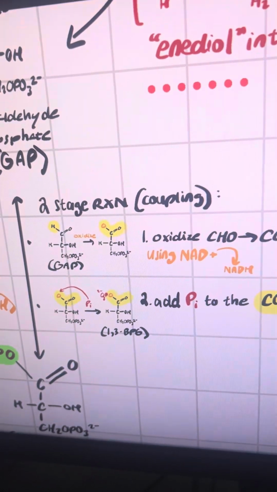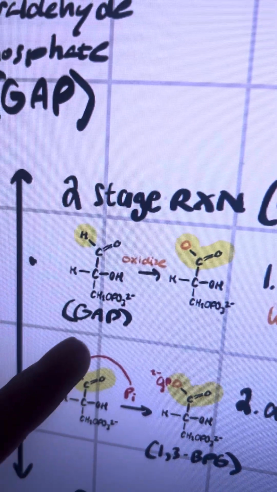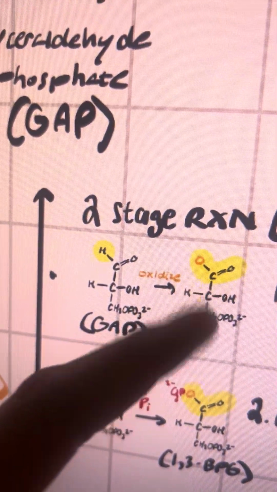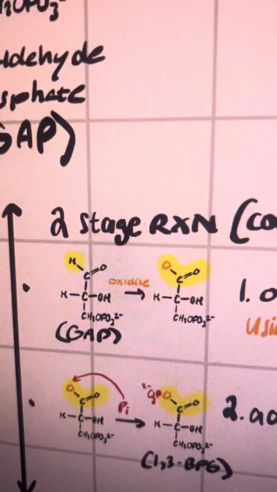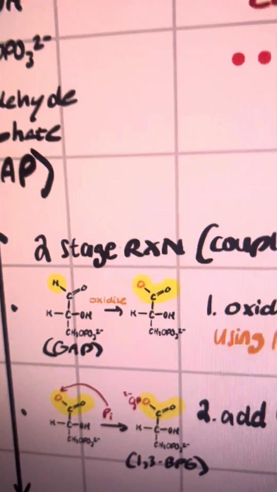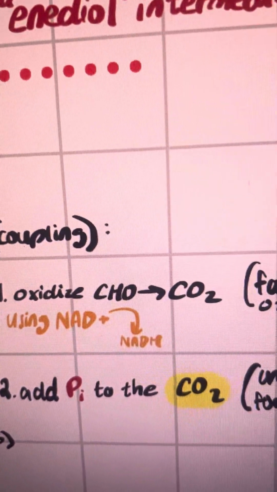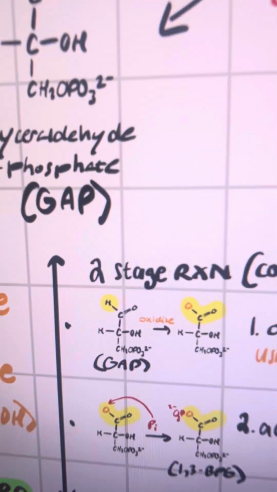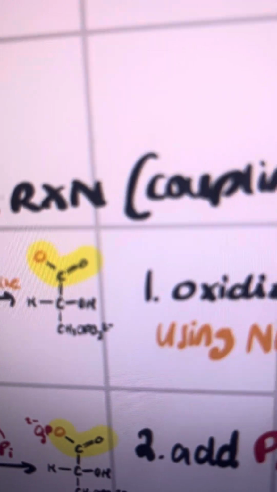So up here, you see a CHO. You're gonna do a coupled reaction. So the first step is you're gonna take the CHO of GAP and you convert it to CO2. That's the first thing you do, and that's favorable. Going from CHO to CO2 is the oxidation, and that's favorable. You're using NAD+, like we said, to oxidize CHO to CO2.